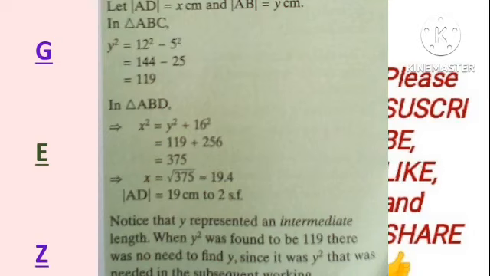So in this case, we have the length of the side AD as 19 centimeters to two significant figures. So you should notice that Y represents an intermediate length. When Y squared was found to be 119, there was no need to find Y, since it was Y squared that was needed in the subsequent working.